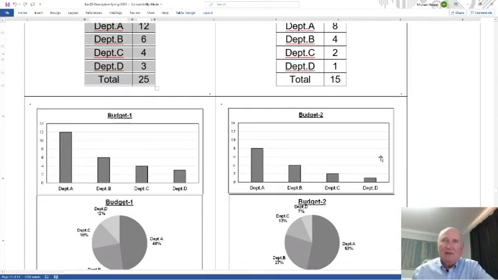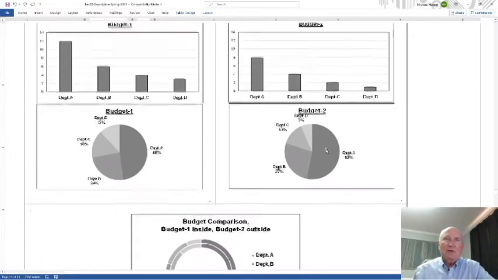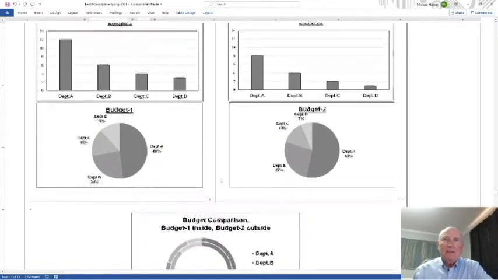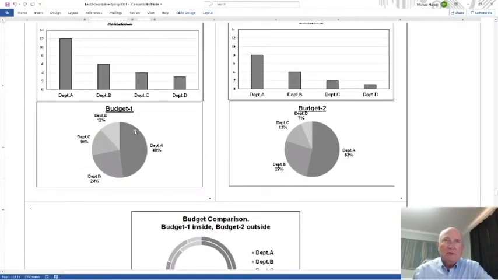How can you tell? Let's not look at the bar chart of the frequency. Let's look at a pie chart of the relative frequency. Okay, so down here when we do budget 1, we can see that Department A has 48%. In budget 2, Department A has 53%.